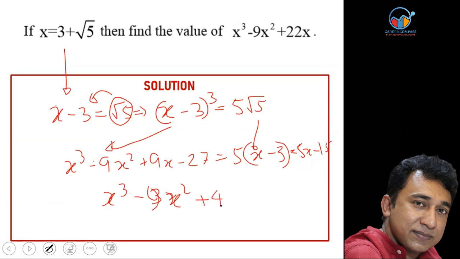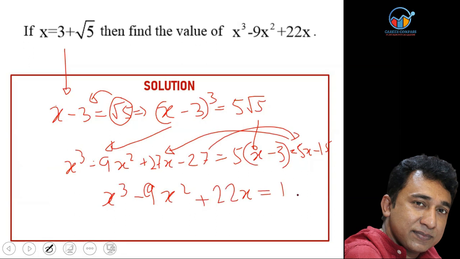Let me just check, guys. So this would be 27 because 3 into 9. So of course, I'll have x cube minus 9x square. After that, 27x minus this 5x will give me 22x. And you bring this minus 27 to the right hand side, so you will get 12, right?